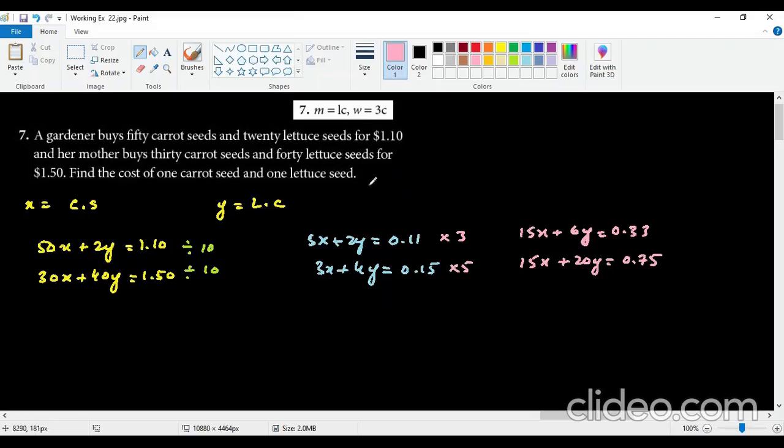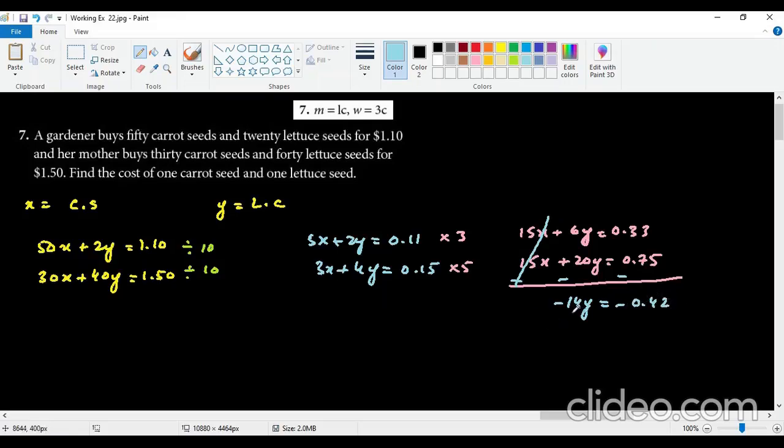As soon as I see these equations, I know very well what to do next. I am going to subtract the first equation from the second. Changing the sign, these two are going to be cancelled, and 6 minus 20 is going to become minus 14y equals negative 0.42.